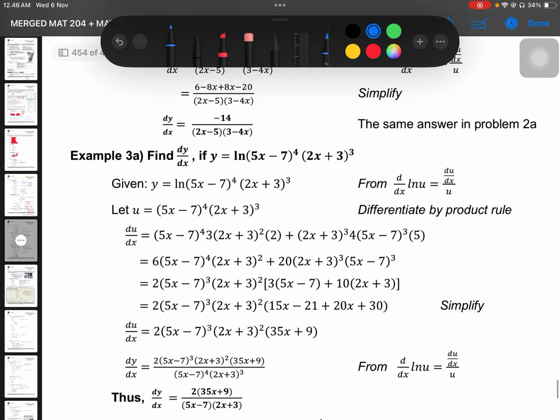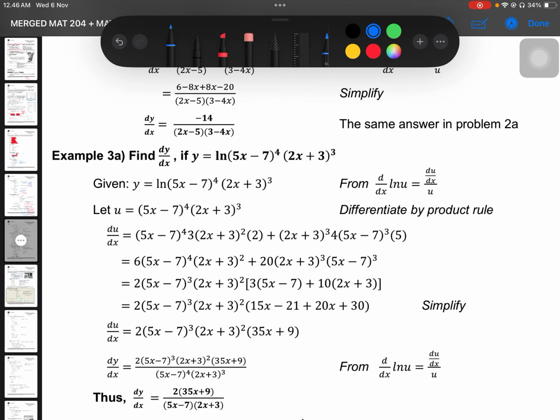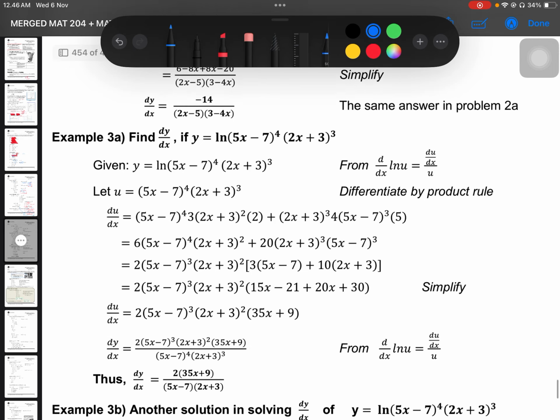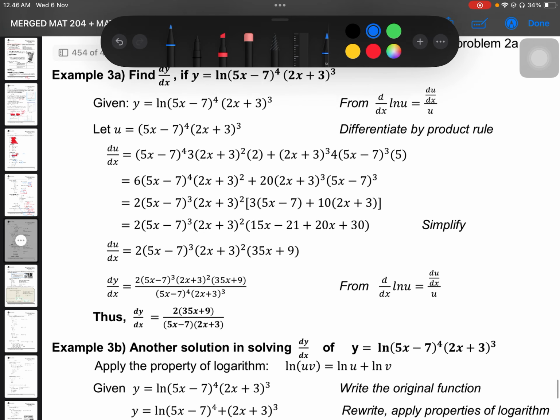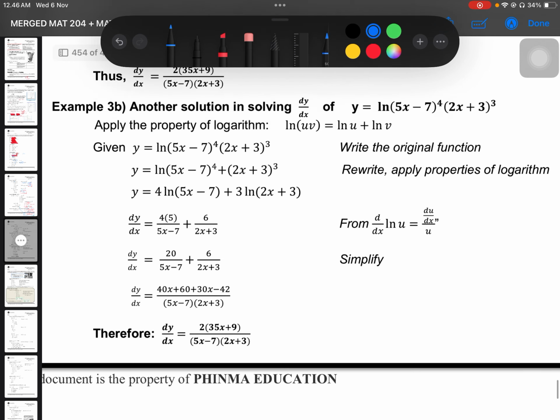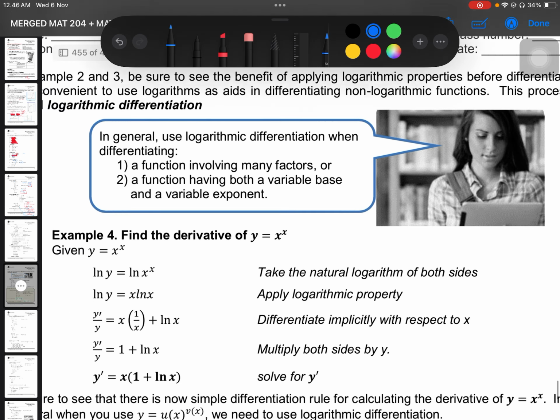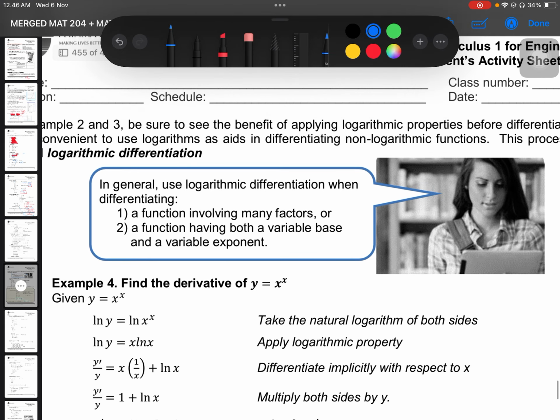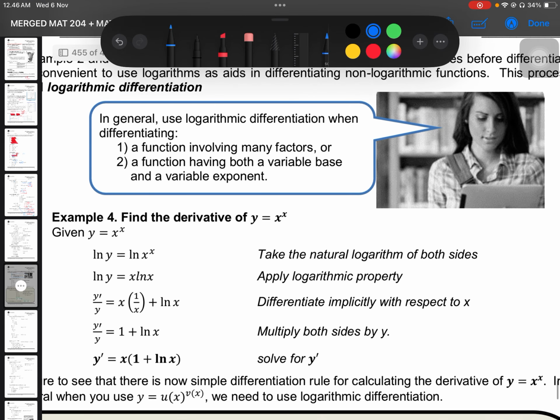So, example 3a is just chain rule. Okay, medyo mahaba lang siya. Pero, kaya naman. Kailangan lang talaga natin tsagain kung ano yung mga binibigay dito. Okay? So, next naman natin is this one.